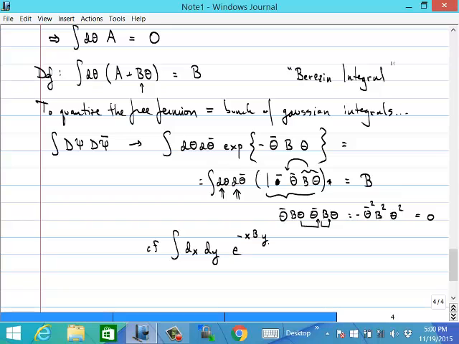Let's say you did this integral. Or if you wanted to make life simpler, if you don't want to do two integrals, if you just did a single Gaussian integral, you get 1 over the square root of b here. So this is an interesting, and very important, qualitative difference between Gaussian integrals of Grassmann numbers and Gaussian integrals of commuting numbers.